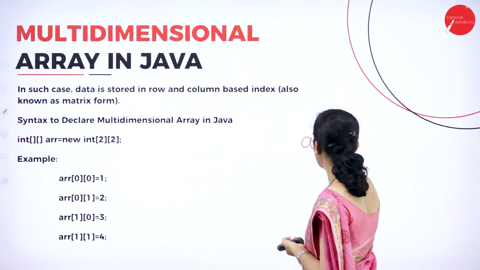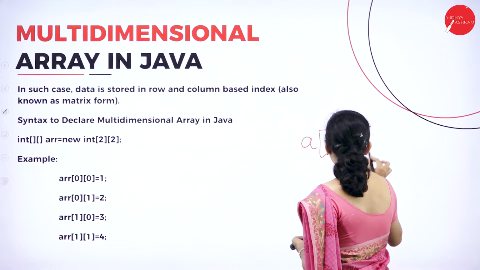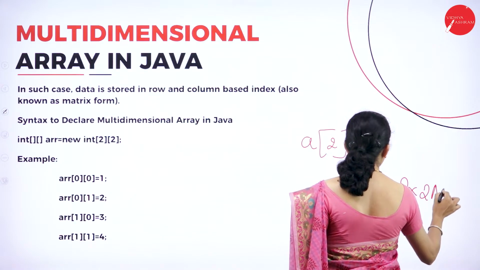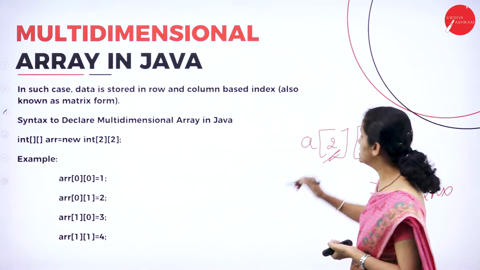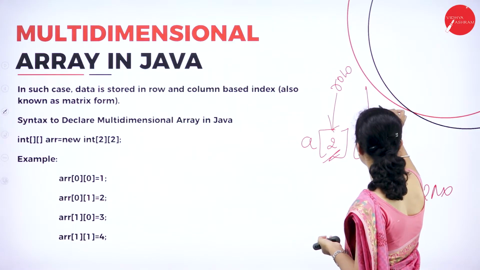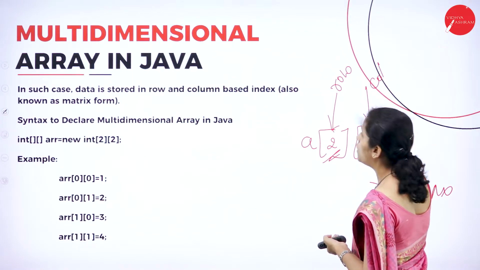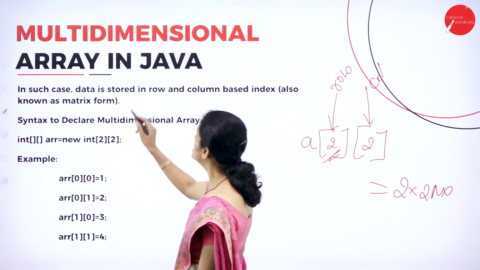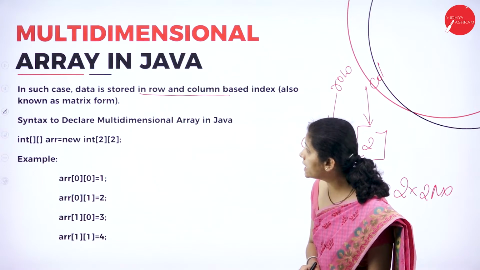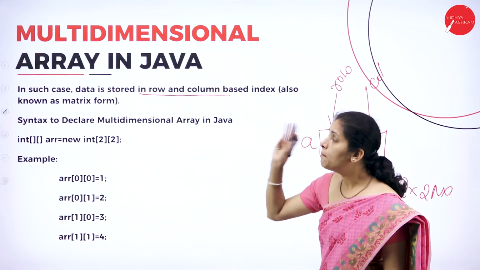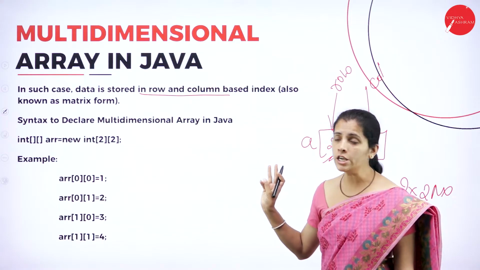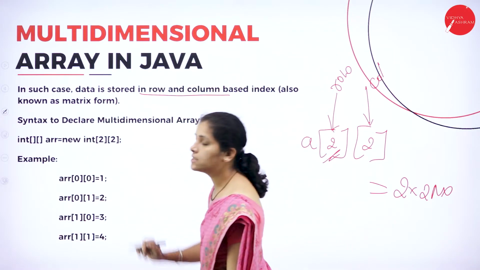If I write A of 2 into 2, this is nothing but a 2 cross 2 matrix, and my first size always represents rows, and my next size always represents columns. So here data is stored in rows and columns based on the index, which is also called a multi-dimensional array, and it is nothing but the matrix representation. And this is the syntax I'm going to have.